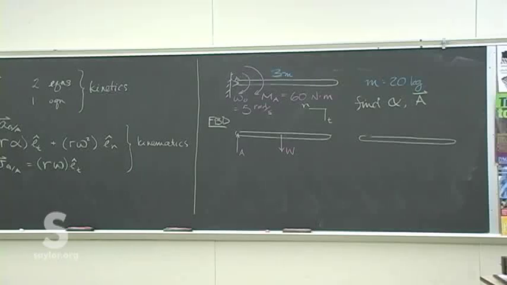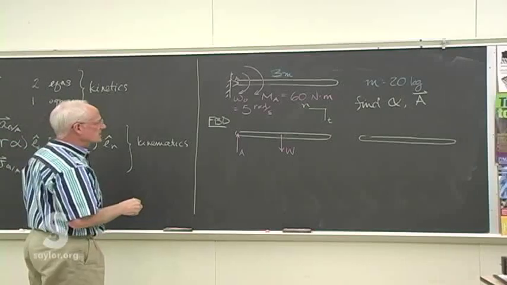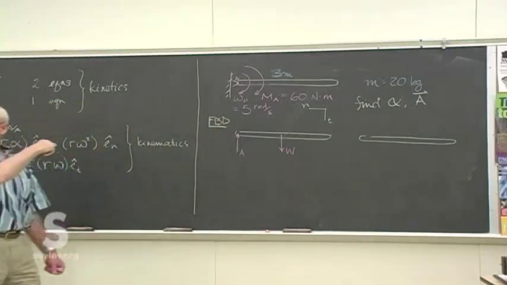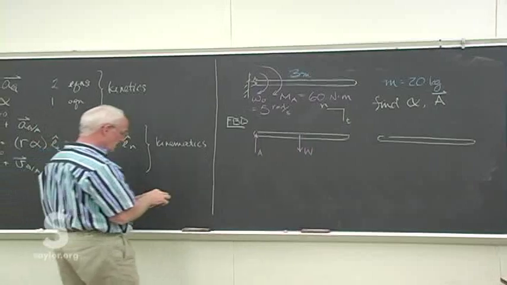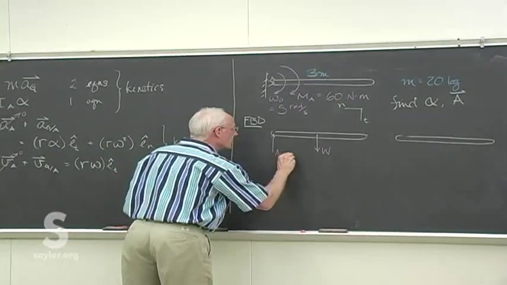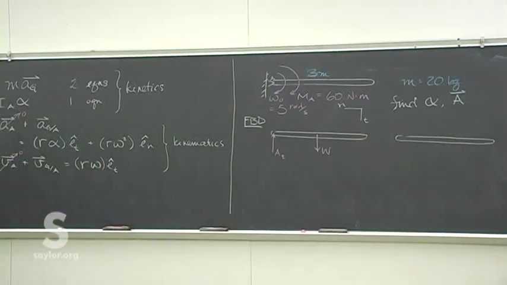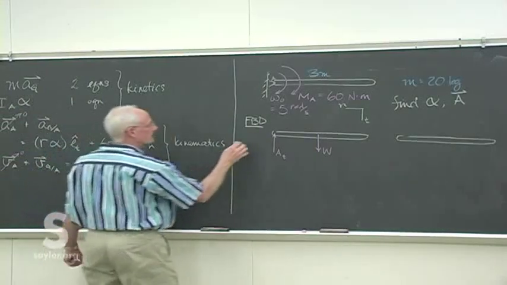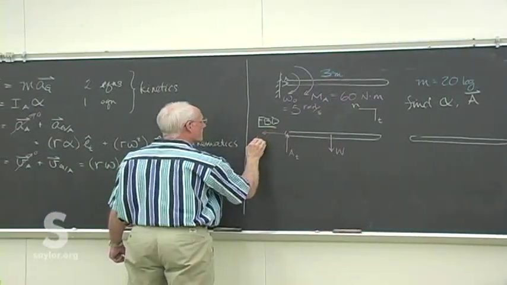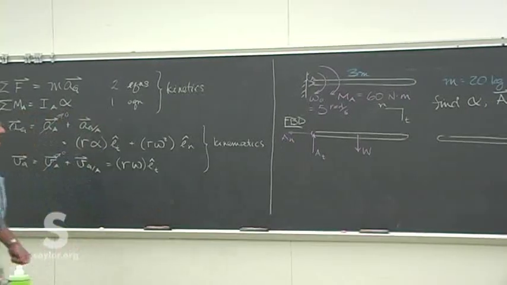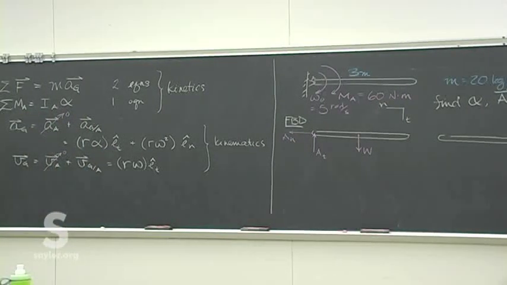Tangential down, because that's the way it happens to be moving at the time. That will give us a positive on some of the velocities and the accelerations we need. And the normal is always towards the center of rotation. So that'll be A in the tangential direction, and then A in the normal direction as well.